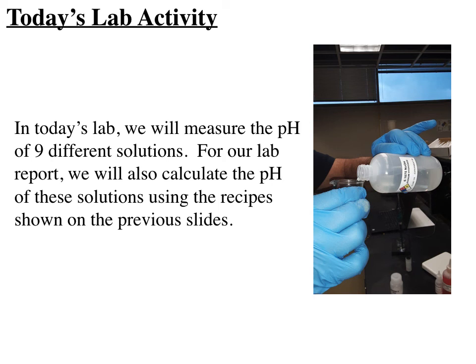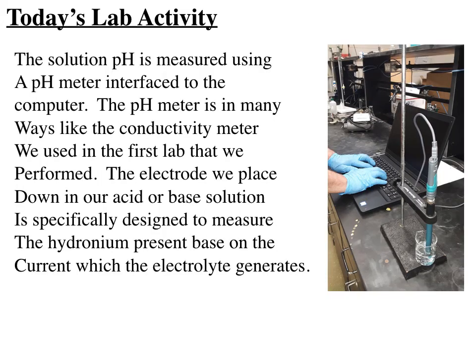So what I'm doing first is preparing small beakers full of the various solutions for which I'm going to measure the pH of those solutions. Then what I did was got out a pH meter, which is very, very similar to the conductivity meter, which we used in our first lab.